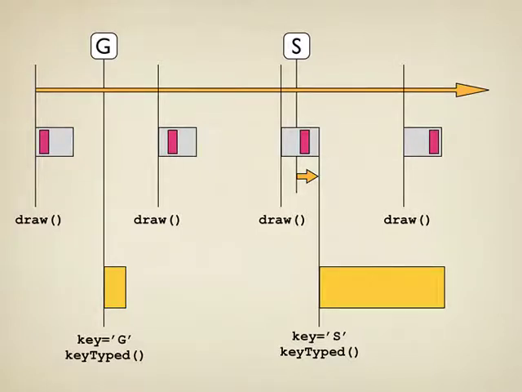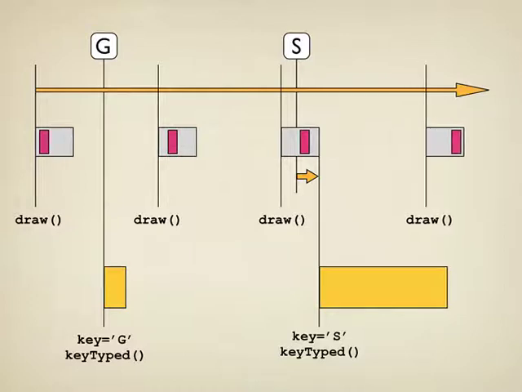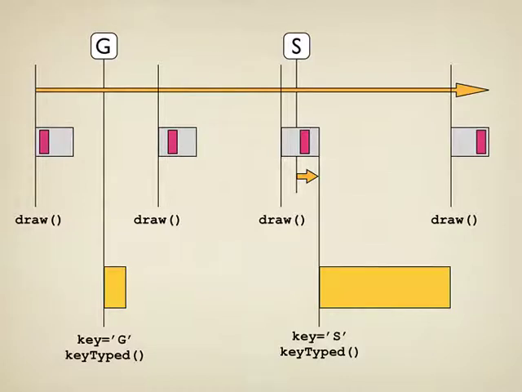If keyTyped takes a long time, then the next time the alarm clock rings for us to draw a new frame, Processing says, I can't do it, I'm busy. I'll just wait until keyTyped is done, and then I'll draw. If keyTyped takes a very long time, like a minute, then draw just doesn't get called for a minute and our program appears to have frozen. And that's not good.